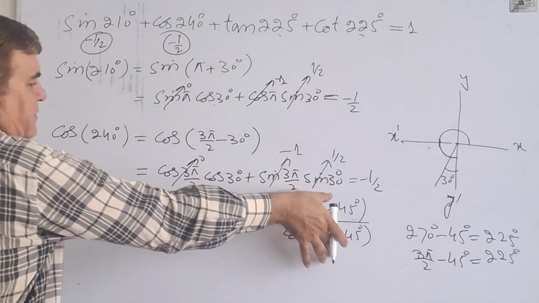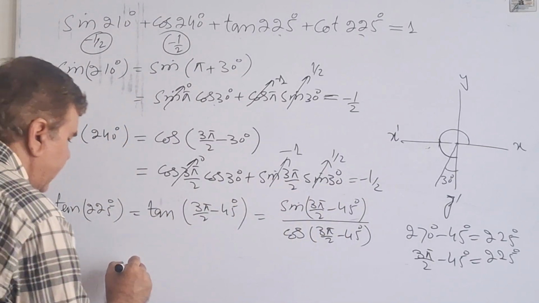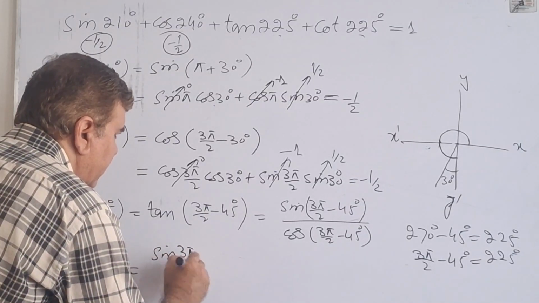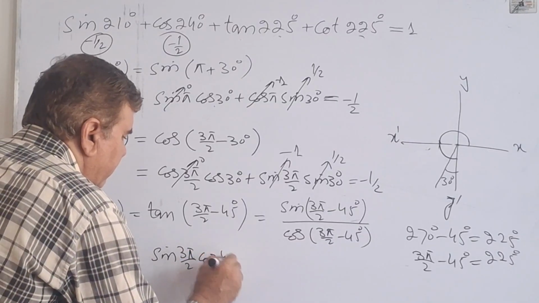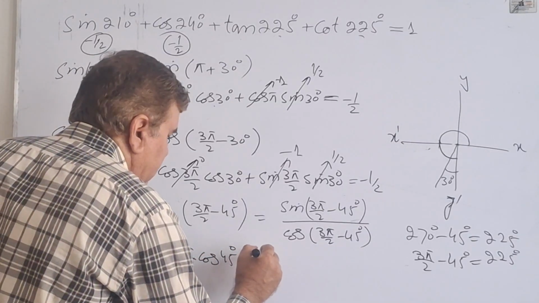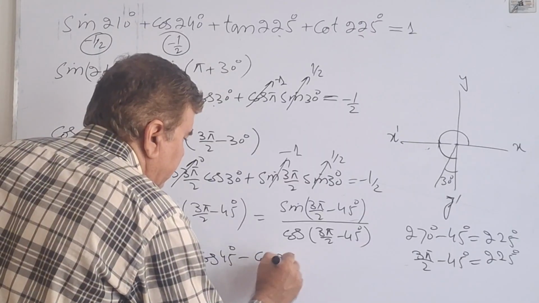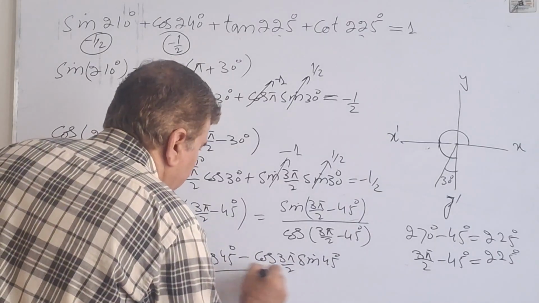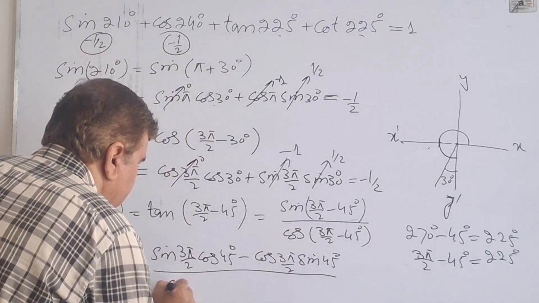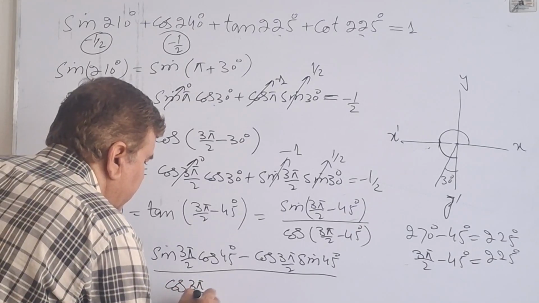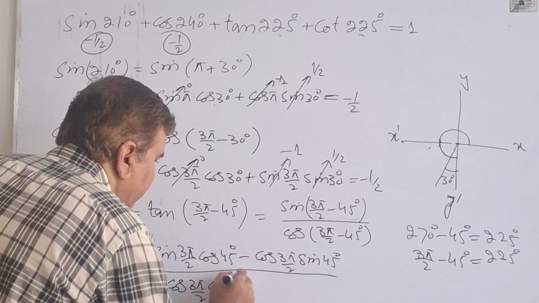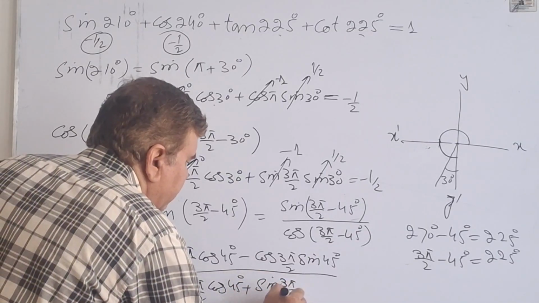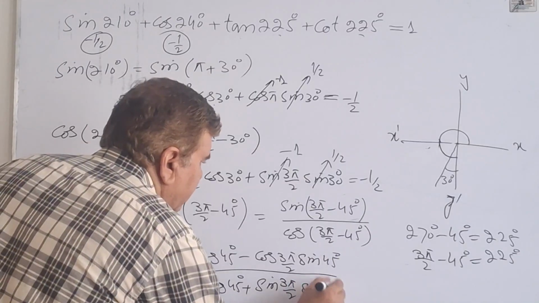If I use the difference formulas of sine and cosine, I can write the numerator as sine 3 pi divided by 2 cos 45 degrees minus cos 3 pi divided by 2 sine 45 degrees. And for the denominator, I write cos 3 pi divided by 2 into cos 45 degrees plus sine 3 pi divided by 2 into sine 45 degrees.